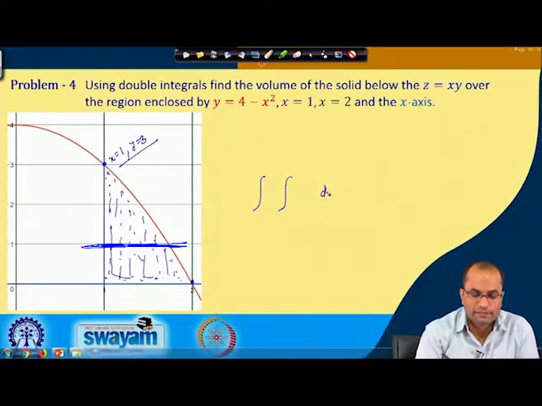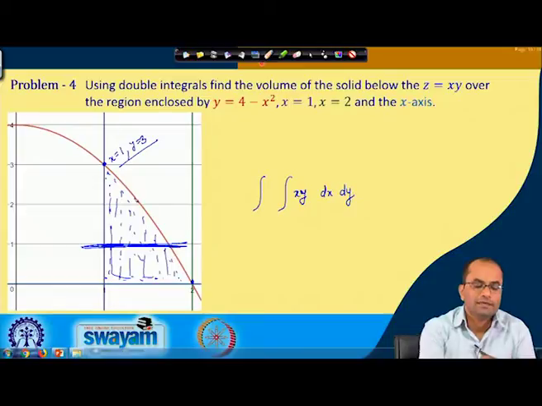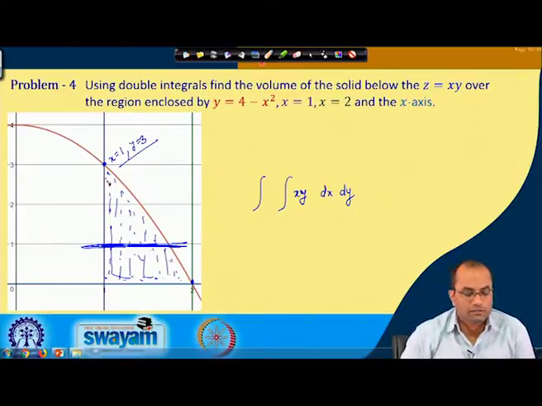So, dx is the inner one and dy will be the outer one, and the integrand now will be xy, because we are going to get the solid. If we put 1 instead of xy, we would get the area of this region.